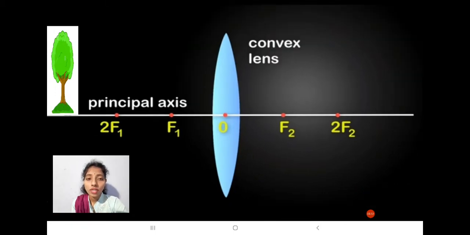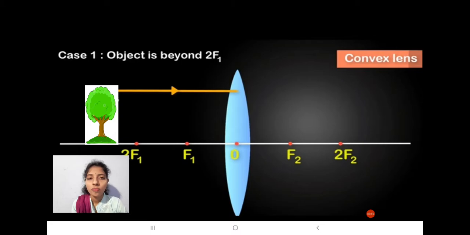Every time we have to take 2 rules out of the 3. Now see, when the ray travels parallel to the principal axis, we know the ray which is parallel to the principal axis, after refraction passes through the focus.